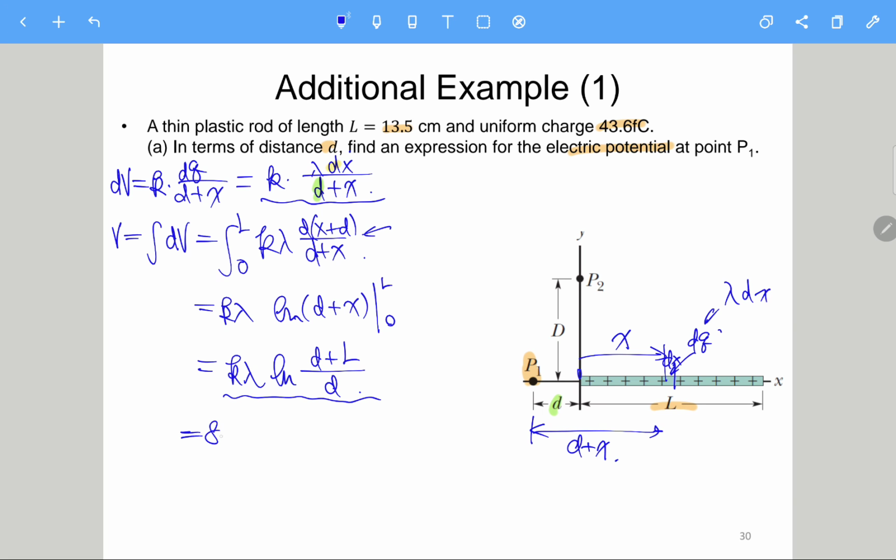So we have k equals 8.99 times 10 to the 9th, and then lambda.